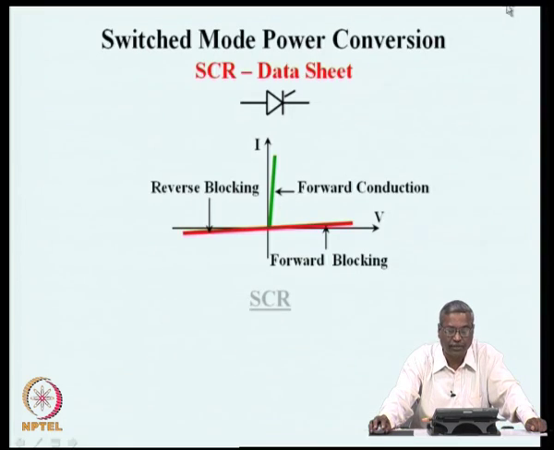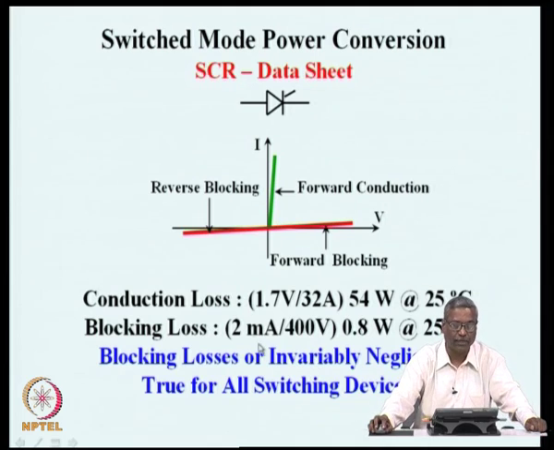These are the important points. So, if we go to the next one, you can see that conduction loss is now 1.7 volts at 32 amperes corresponding to 54 watts, 2 milliamperes at 400 volts corresponding to 0.8 watts.